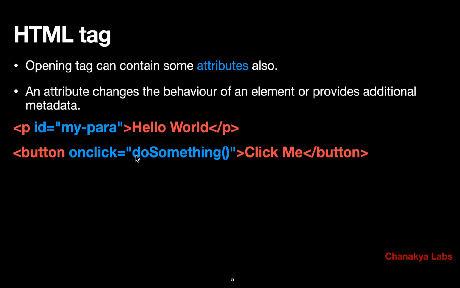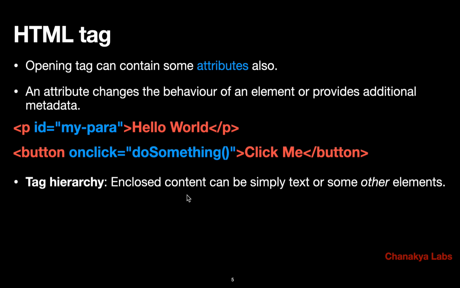Later we will see that these are functions which we will discuss in JavaScript, and you can define those functions and put their name here. So when you click this button, this function in JavaScript will be called, which we will come to later. Right now the point is to make you understand that there is something called an attribute which might change the behavior of an element, like in the second case, or provide some additional metadata like in the first case.